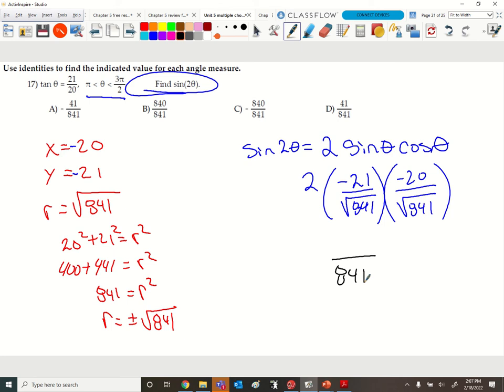Negative, negative, positive 840? Is that right? 21 times 20? 2 times 420, so it's 2 times negative 21 times negative 20. Yes? Okay. B? There we go.